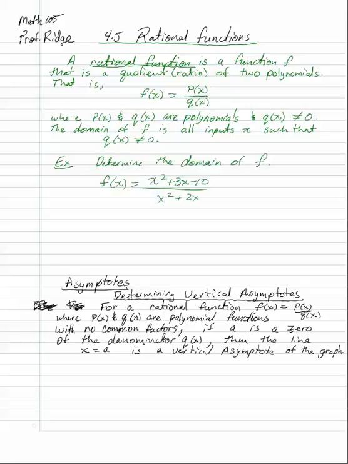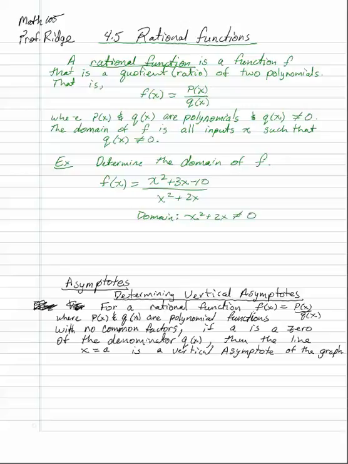Okay, so determine the domain of f. If f of x equals x squared plus 3x minus 10 over x squared plus 2x, the domain is all x's such that q of x, that's the denominator, does not equal 0. So x squared plus 2x does not equal 0.